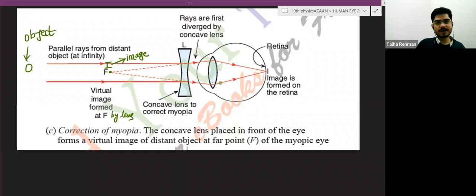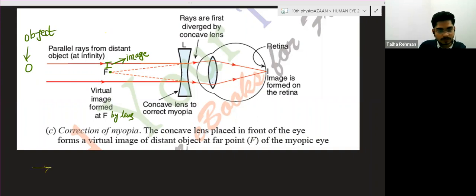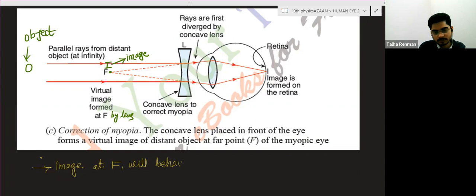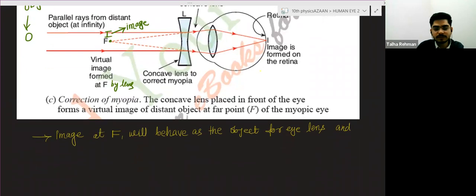So you can write here: image at F will behave as object for the eye lens, and due to that the image will be formed on the retina.